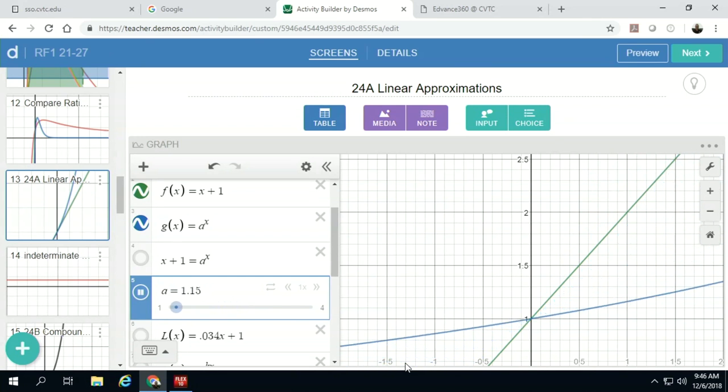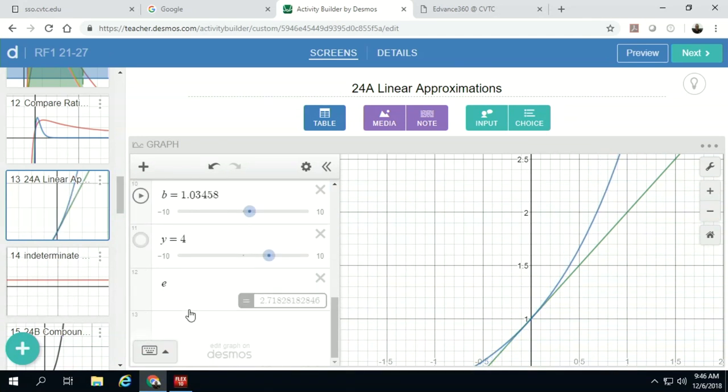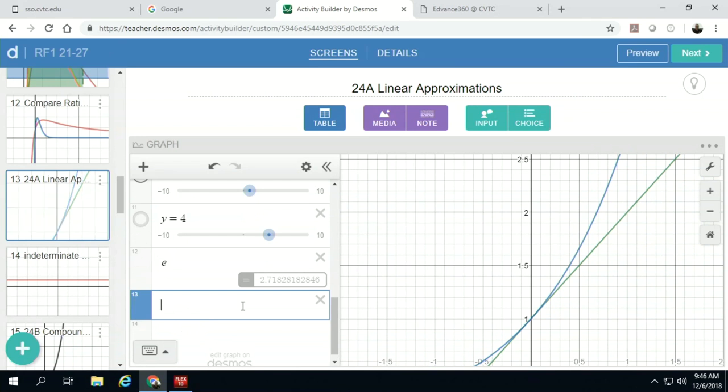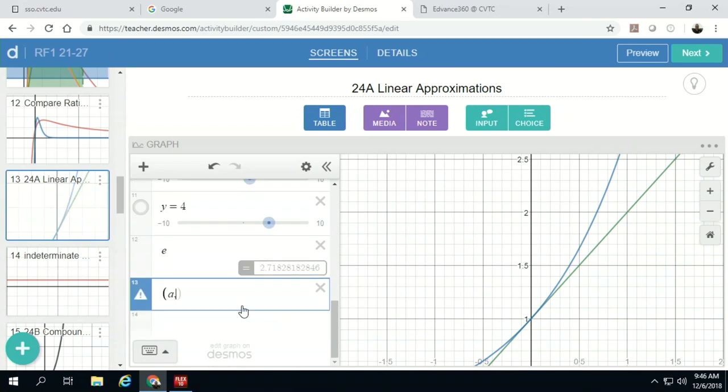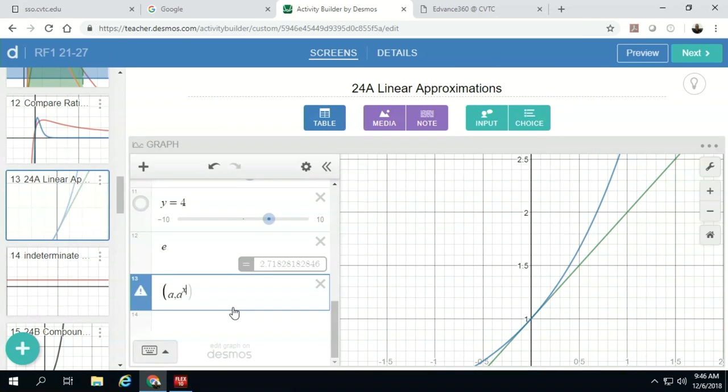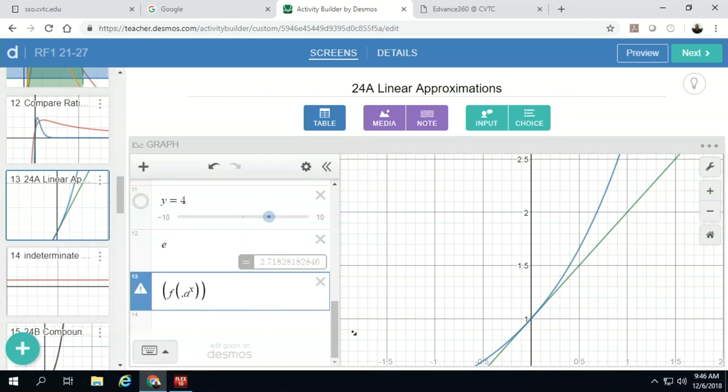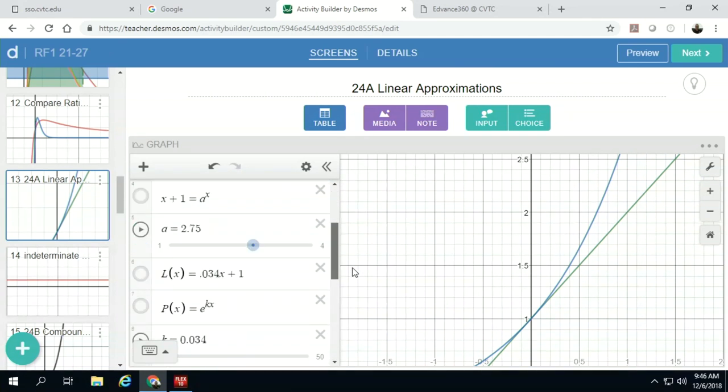Tell you what, I've got one more thing I'm going to do here that will help you. Pause. I'm going to add a point that will help you. And the point is going to have the address A, comma, A to the X. Oops. No, we have to do F. Oops. Let's go up here. Forgot what we called that function.